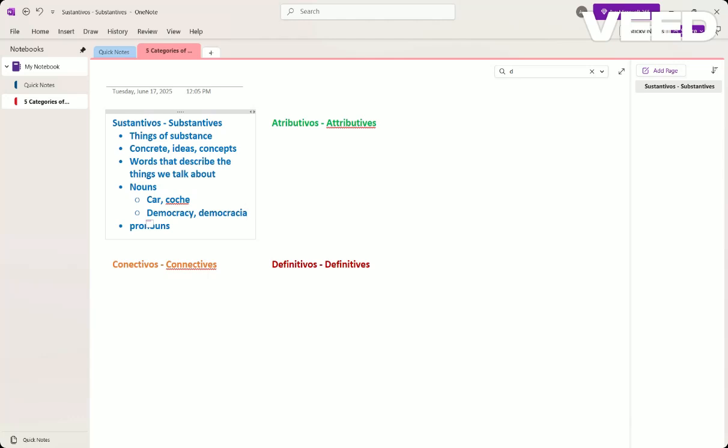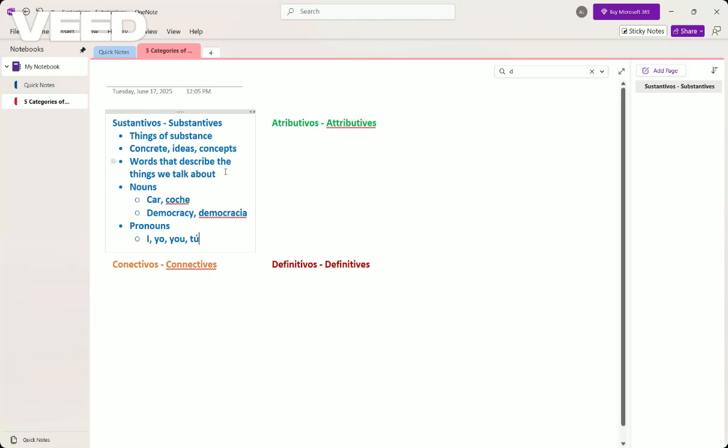Those are just two examples. Pronouns, you have things like I or yo, tú, or you. Pro literally means for or instead of. So for a noun. So these are little words that we use to replace nouns when we don't want to be redundant or repetitive. So these are substantives.